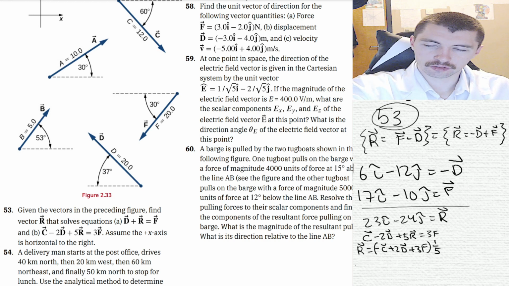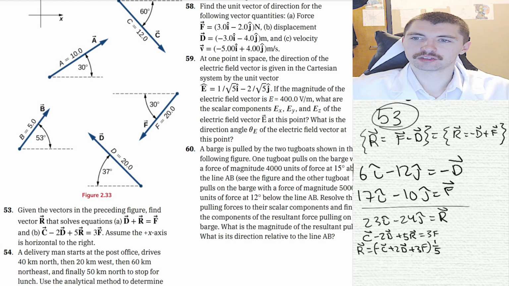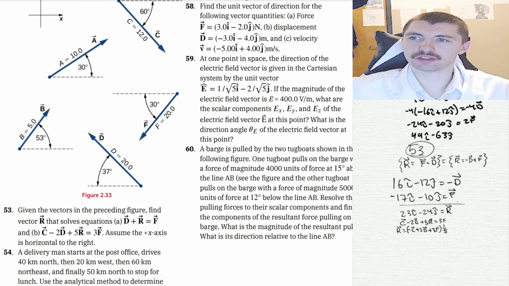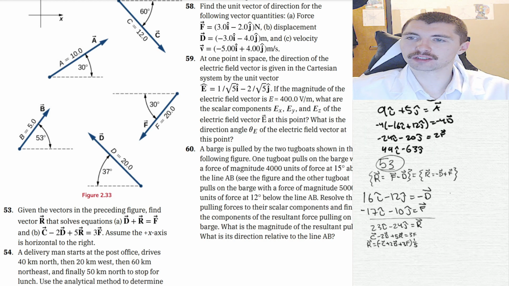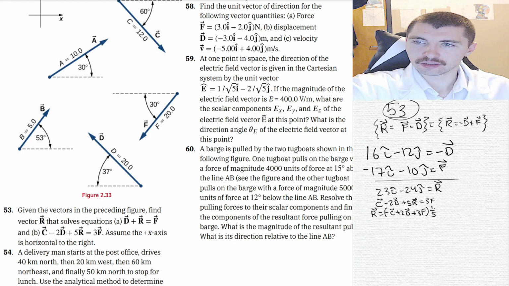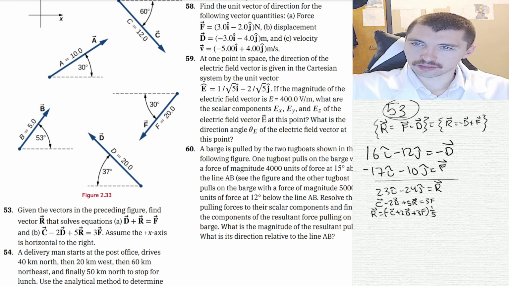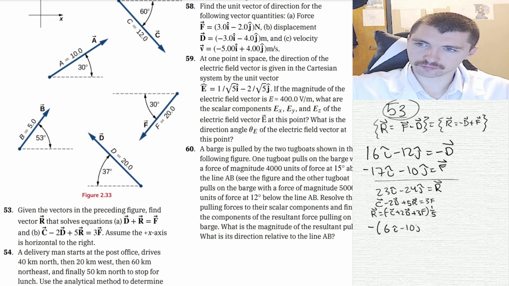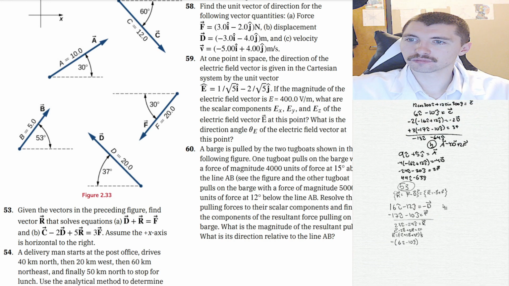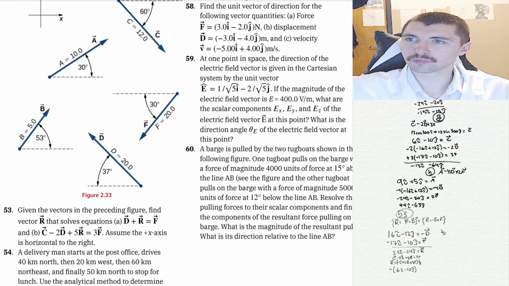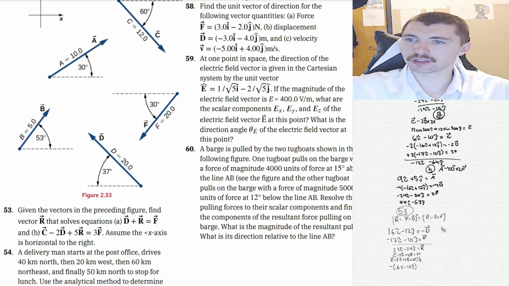One-fifth. Okay, so we need C, 6 minus 10j. So negative 6 minus 10j.